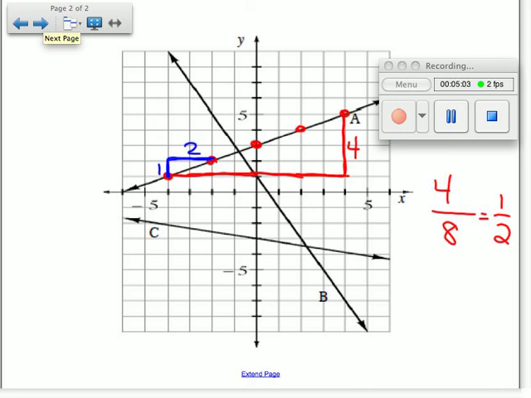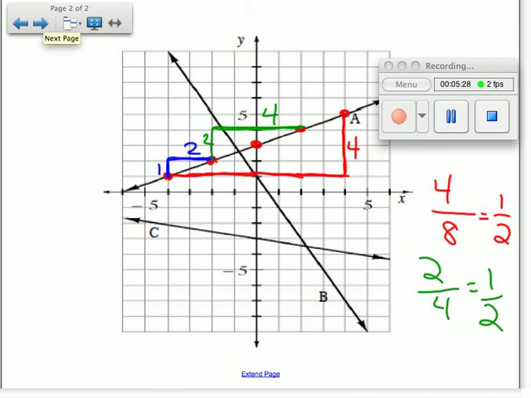However, if I would choose any of these dots, any two, I should still get the same ratio. So if I choose this dot and this dot, I get a vertical change of 2 and a horizontal change of 4. That gives me the ratio of 2/4, which still reduces to 1/2.